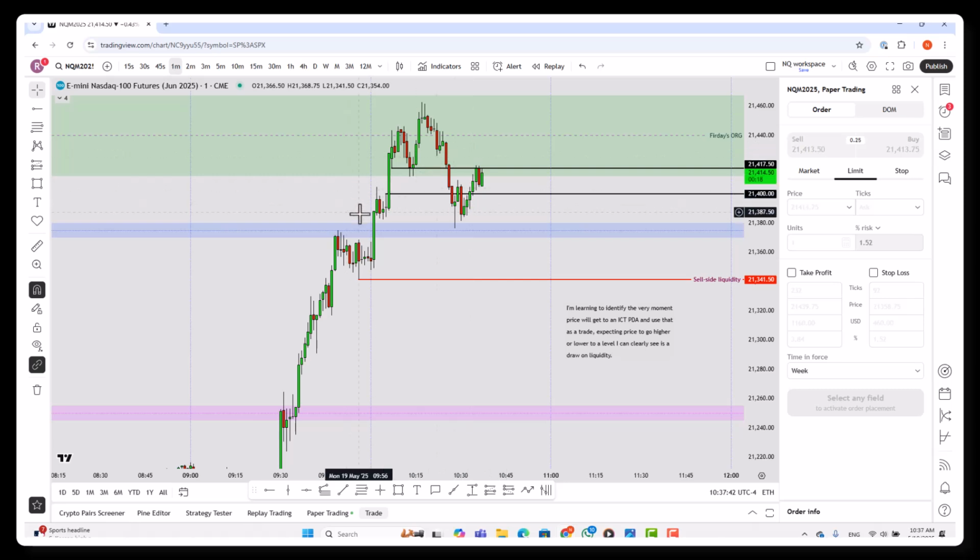But between this fair value gap and this fair value gap here, that is enough range. So price can spool, can expand with larger candles. Note this golden rock formed here.